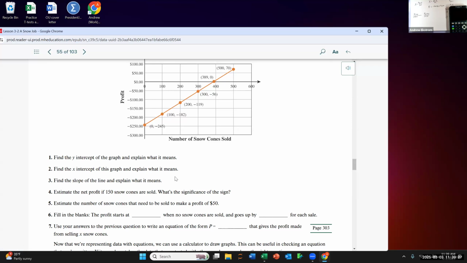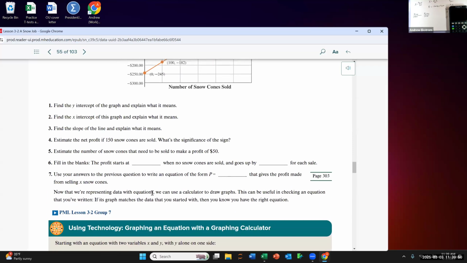Then find the slope. Well, you can plug those values in. We've already talked about that. Find the net profit on 150 snow cones. Once you've got the startup cost, once you've got how much profit you're making per item, you can start doing your calculations and figure all that stuff out.